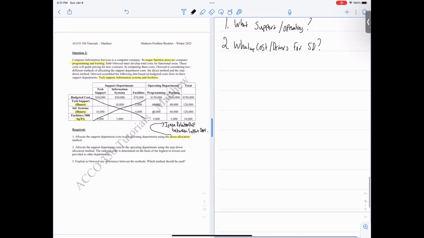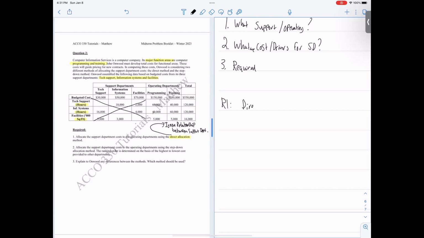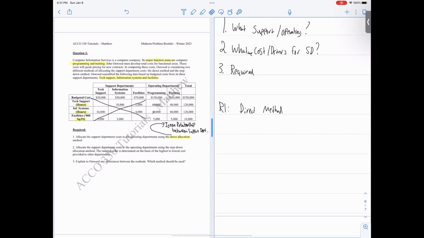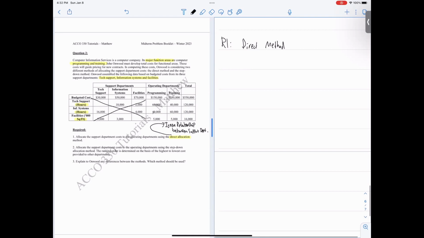So guys, let me put a step here. Required, so we can read the required after we're done with this. And now we can get into required one, R1, which is do the direct method, where we ignore the relationship between support departments. Okay. So once we have all this down, we can build our board. Let's put tech support on the left, IS, then we have facilities, programming, and training.